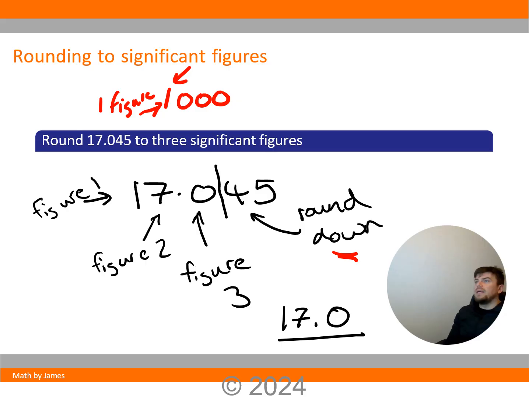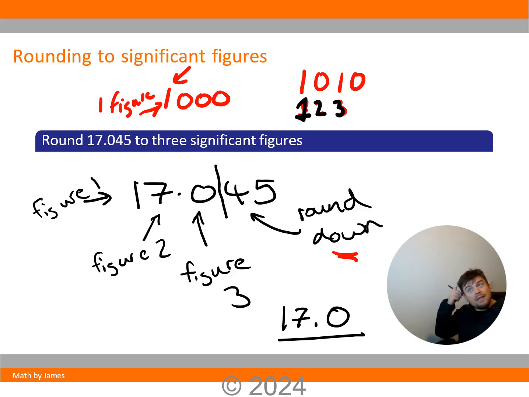But here, if we've got 1,010, we've got 3 figures because we've got 1, 2, 3. These are significant because this 0 is sandwiched in here. So the 0 becomes significant because it's sandwiched in.